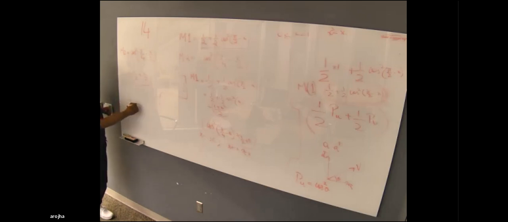Now, when you're measuring something, you want two different things to be as far apart as possible. For example, if you're measuring, let's say, the distance between two stars, if the stars are too close to each other, it's going to be really hard to measure the distance between them.